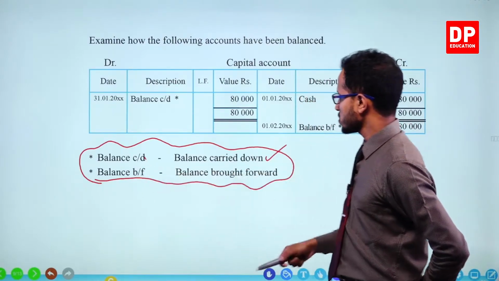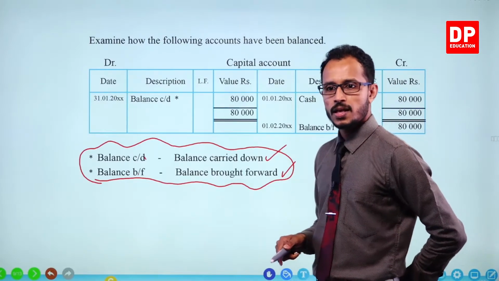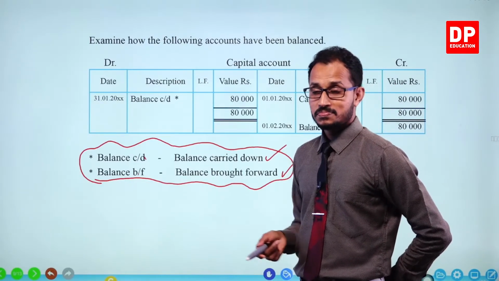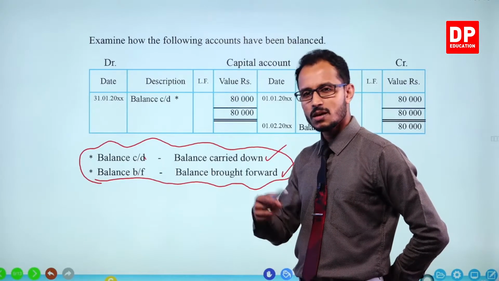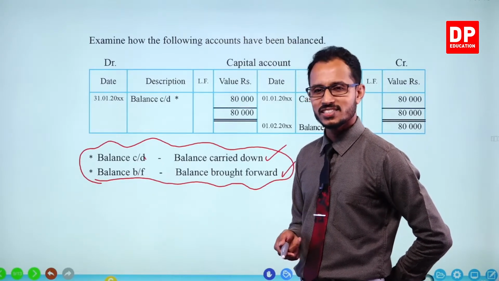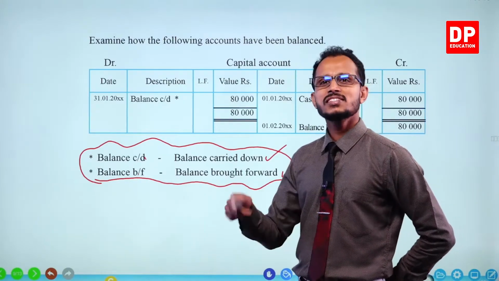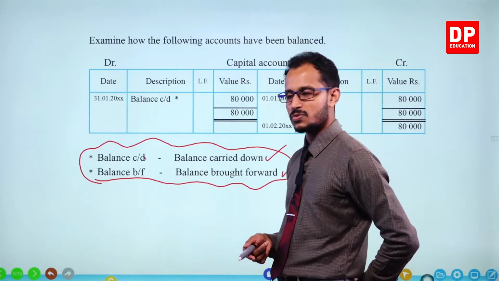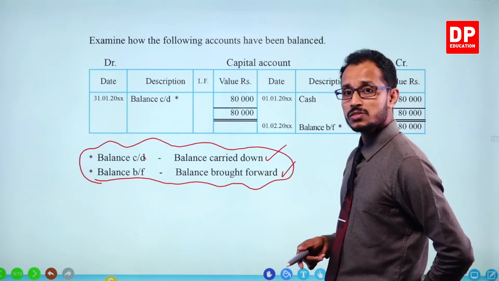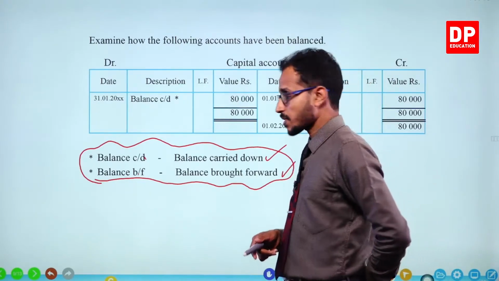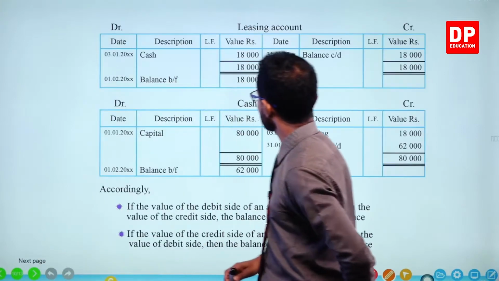Balance BF means balance brought forward. It's not rocket science, but sometimes some students find it a little bit difficult the first time you try to balance an account. With practice, you are going to get better. Alright, so that is how you balance.